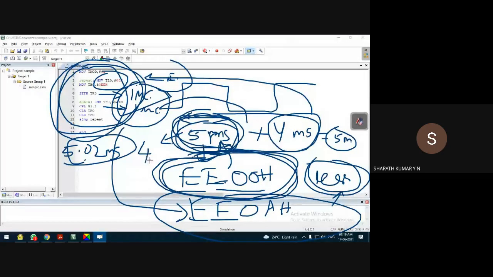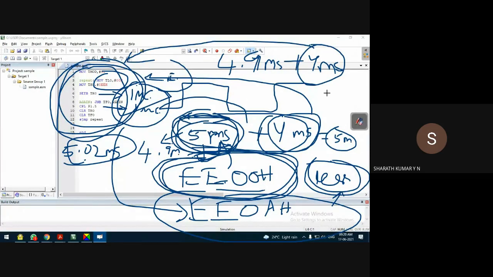Let us say, for example, it becomes a 4.9 millisecond delay. So it is 4.9 milliseconds instead of 5 milliseconds, plus y milliseconds, where y milliseconds is the time required to execute this program. Then that can be equal to 5 milliseconds, so we will be able to generate the time delay accurately.